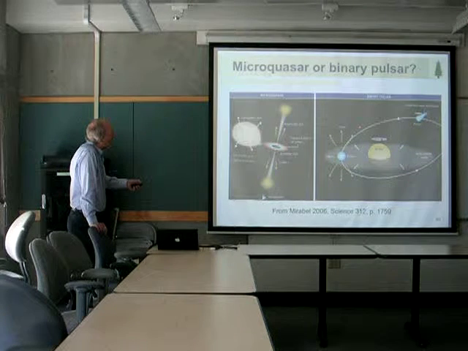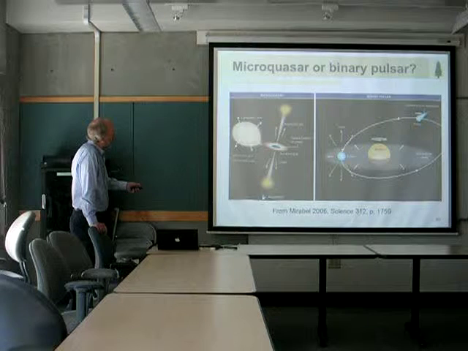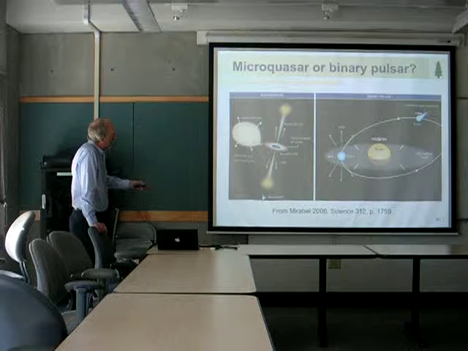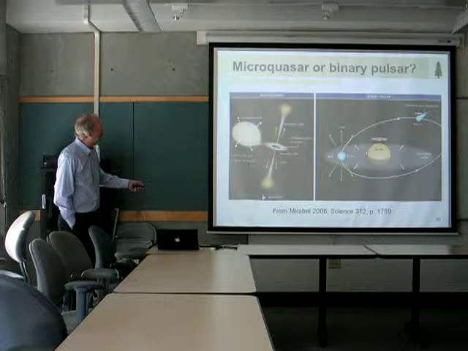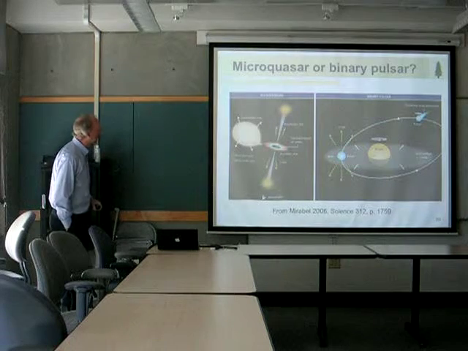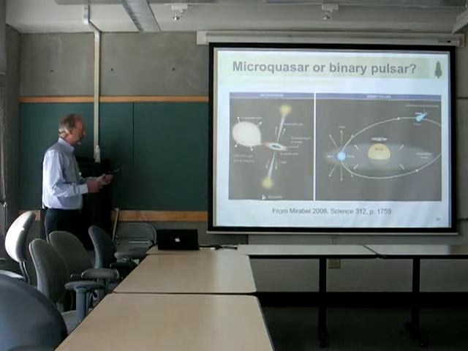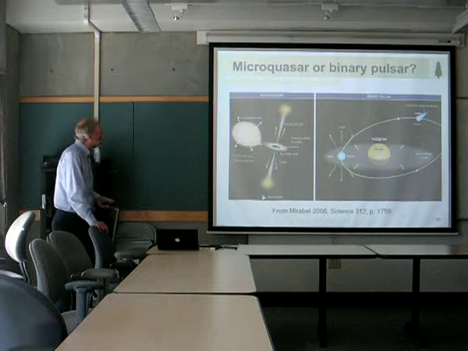Another idea is that there's a pulsar. That the compact object is a pulsar, and there's a massive star that has a large stellar wind, and that the pulsar is interacting with the stellar wind to produce shocks in which particles are accelerated and the gamma rays are being produced.